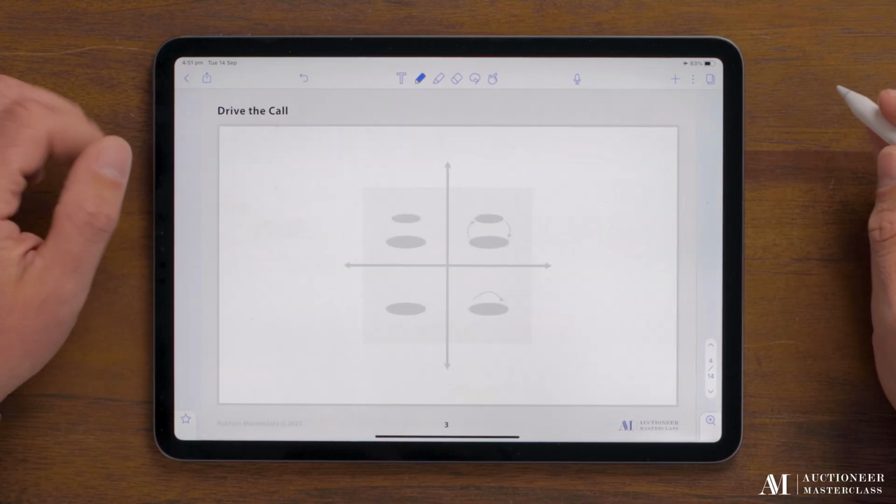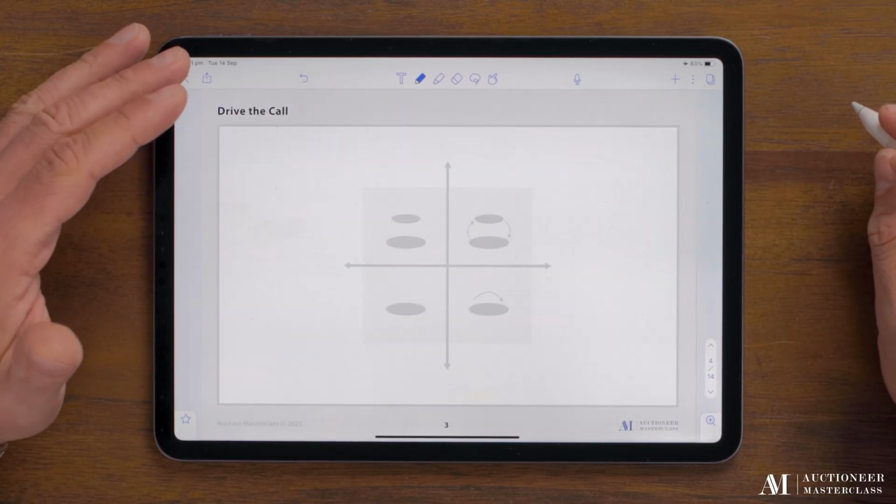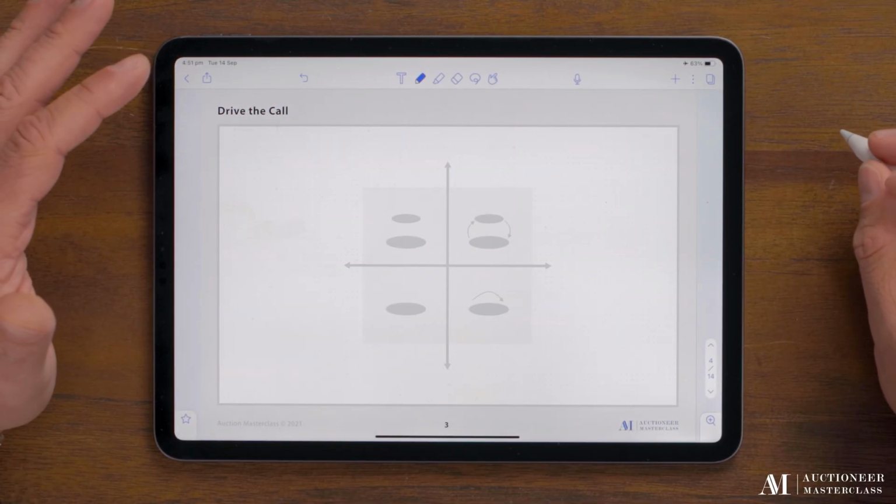Let's work our way to page 3, driving the call. There's 4 different quadrants that you can live in when it comes to base, line, next. Let me break this down for you because I really want to poke the bruise of what you should avoid. And I want us all operating in the top right quadrant. It's all going to make sense. Hang in there.